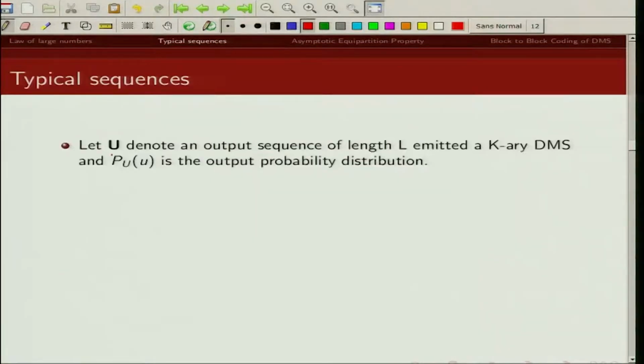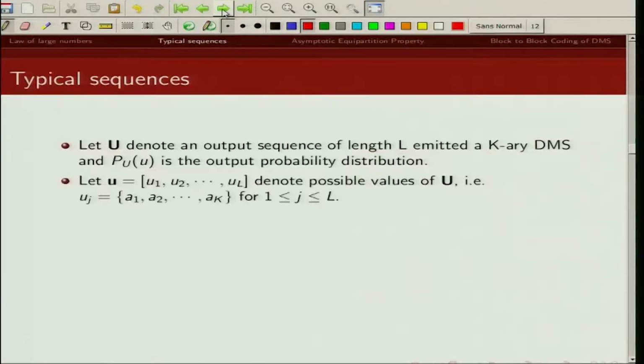So let U be the output sequence of length L which is emitted by a K-ary discrete memoryless source, and let P(U) be the output probability distribution of that. Since U is of length L, we are denoting U by U1, U2, U3, up to U_L.